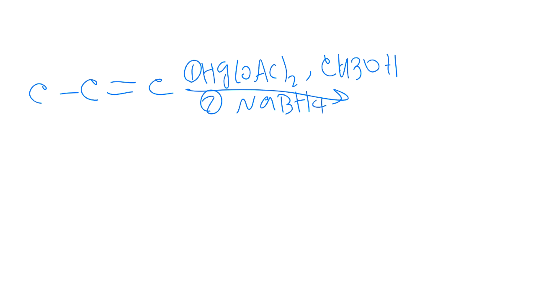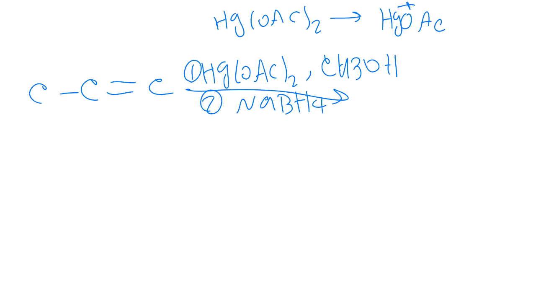In this case, we're just going to write on the side that HgOAc with the positive charge. This kind of makes sense more to me, so I'm going to follow this mechanism. You have the mercury acetate, but what is the positive charge?